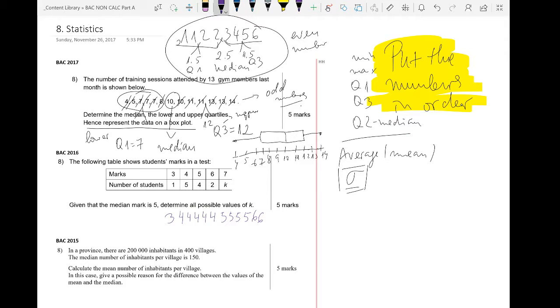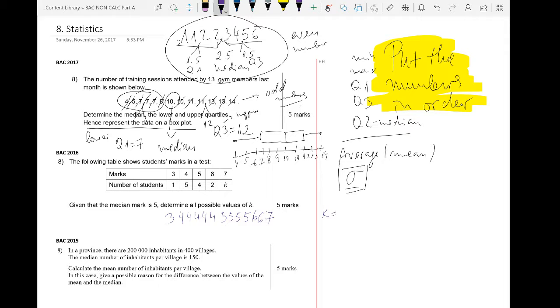The median mark is 5, so we have 6 numbers here, and 6 numbers here. So if we have 0 students with mark 7, we have no 7 here, the median will be between 4 and 5. It would be 4.5, but it's 5. So we have at least 1 seven.